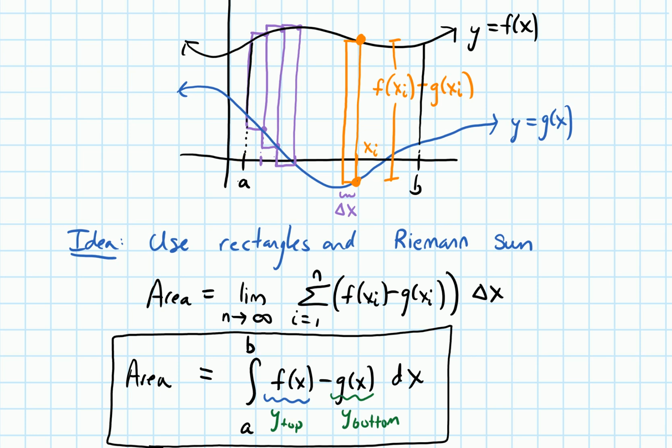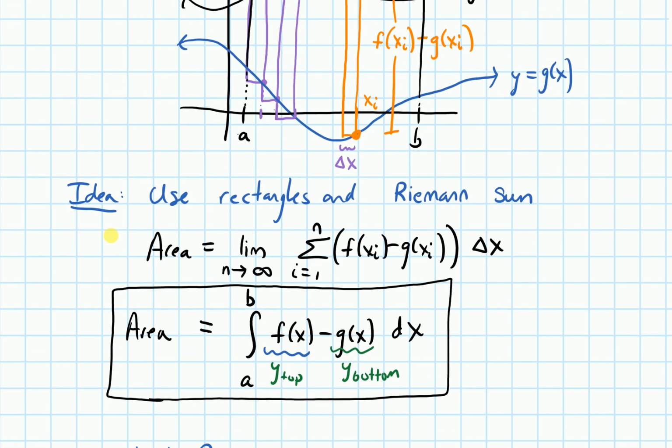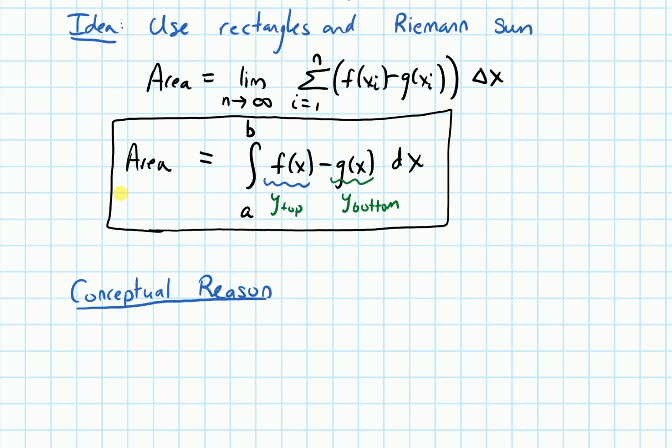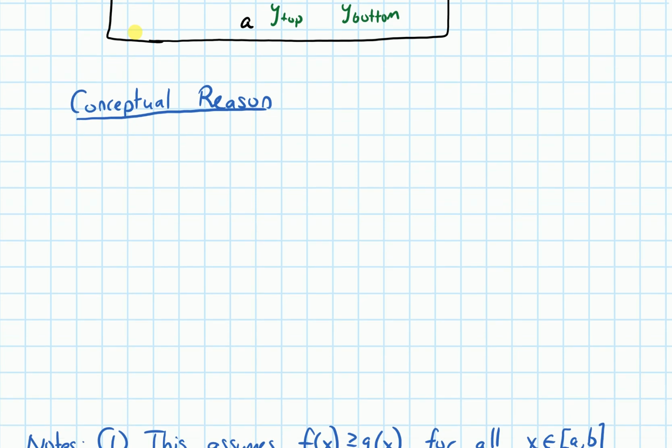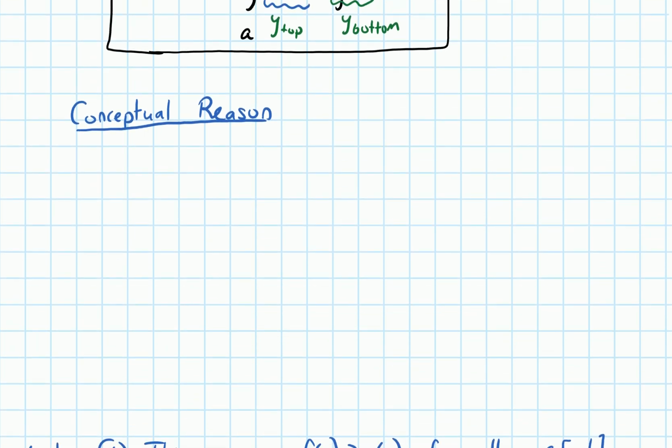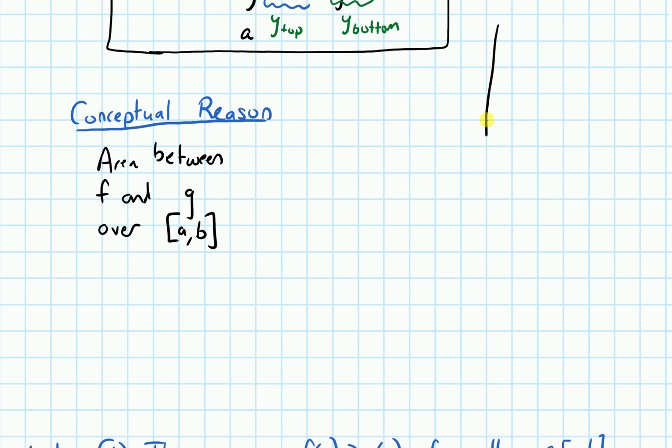All right, so I also want to just conceptually explain why this makes sense. So let's give a conceptual reason for this. So if I'm after finding the area between two functions f and g over some interval from a to b, I'm just going to draw a picture one more time, a rough picture.